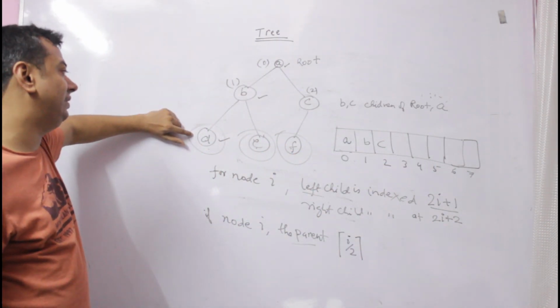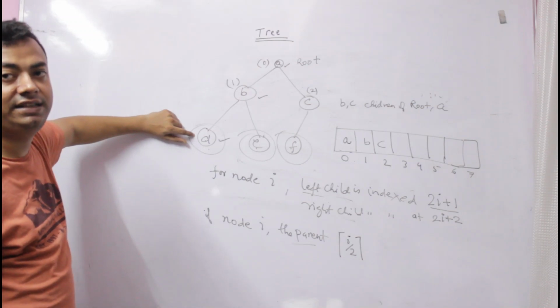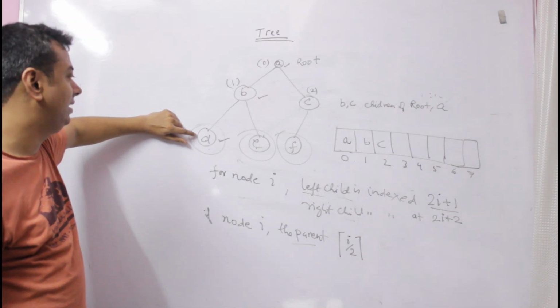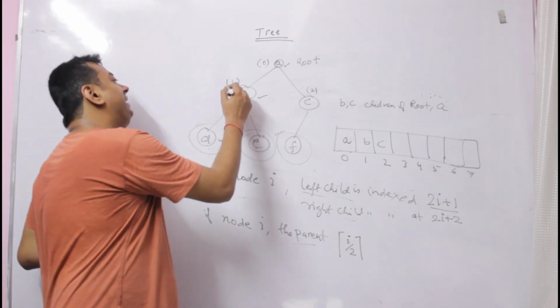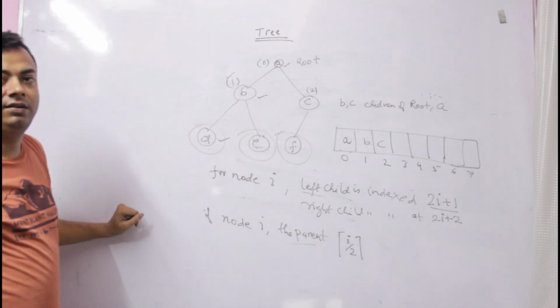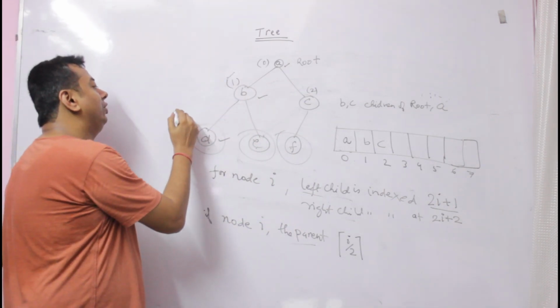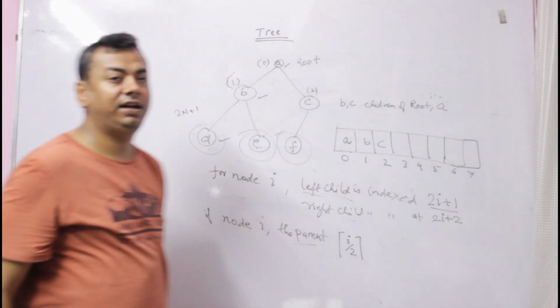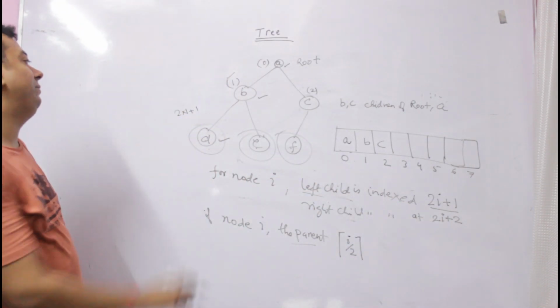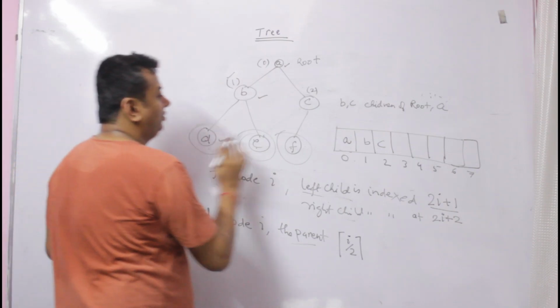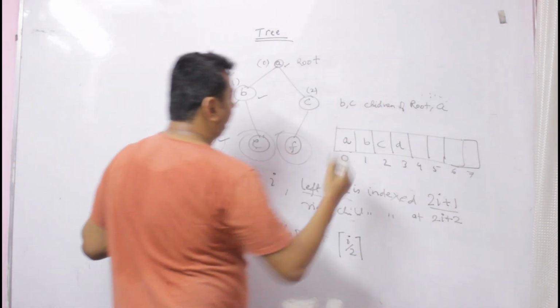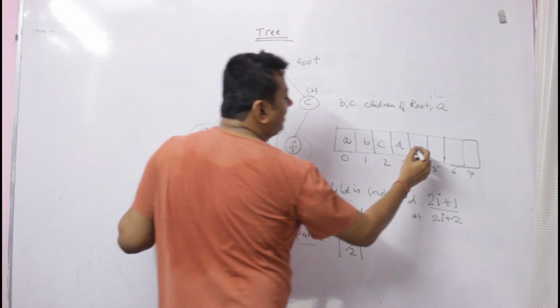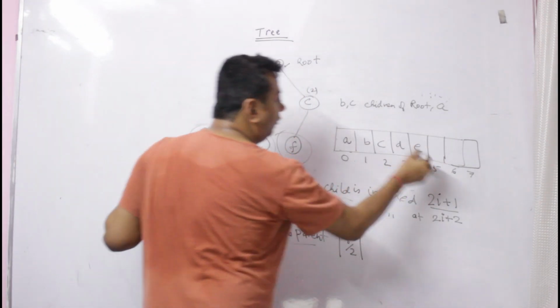Now what is the index value of D? We will see the parent. The parent is at index 1, so the left child will be 2 into 1 plus 1, which as per the formula is 3. So D will be placed at 3. Similarly, E will be placed at 4.